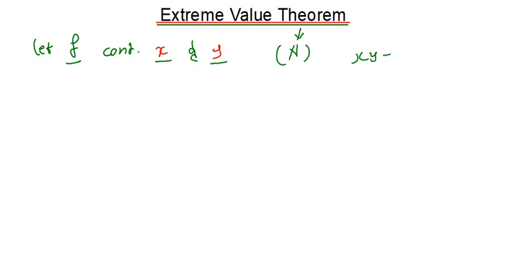Now if this is true, we're going to say for the function f, there is at least one point in the region R where f takes on a minimum value. If what we have said here is true, there is a point within the region at which f takes on a minimum value.